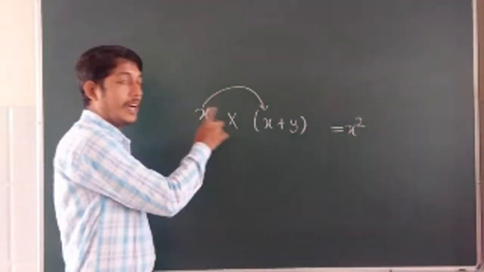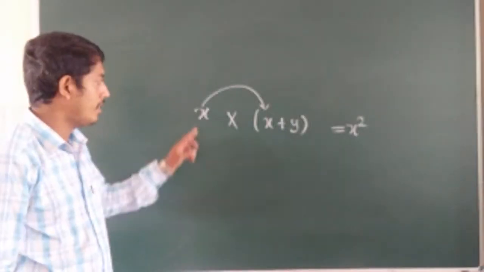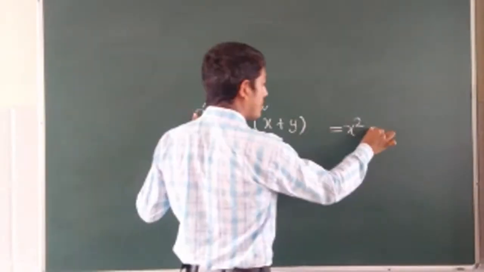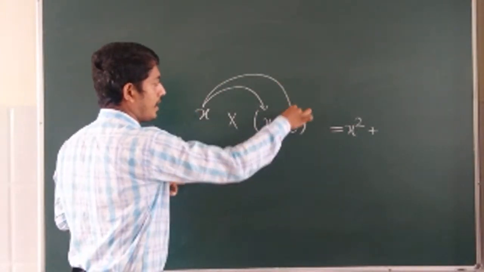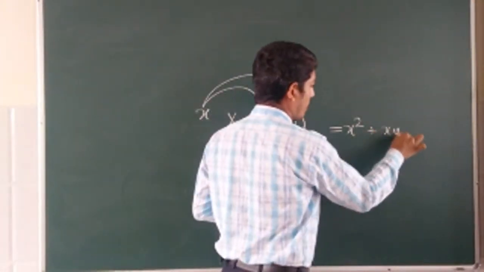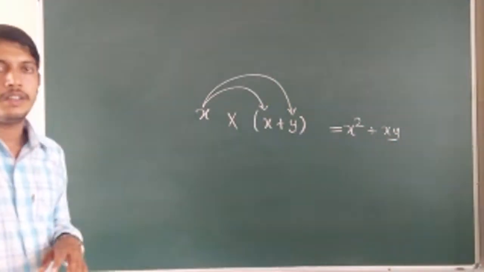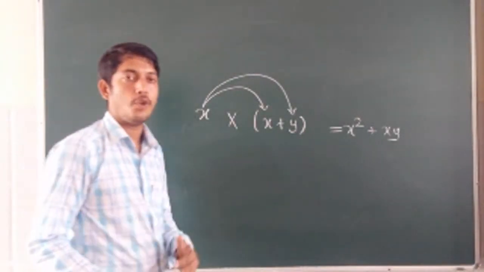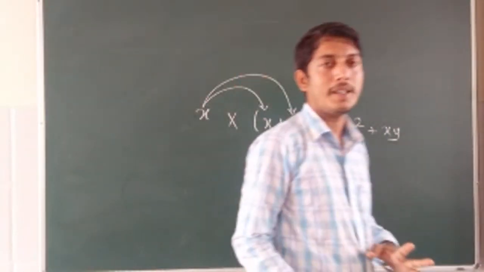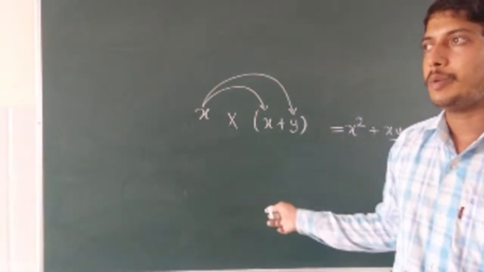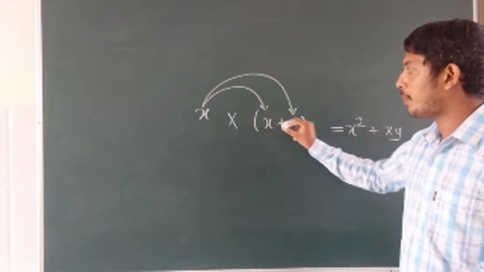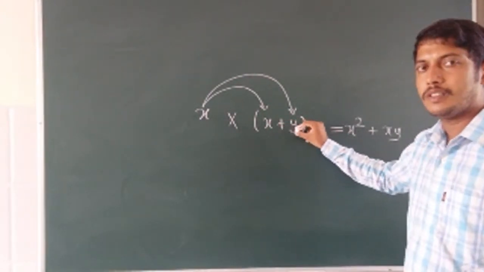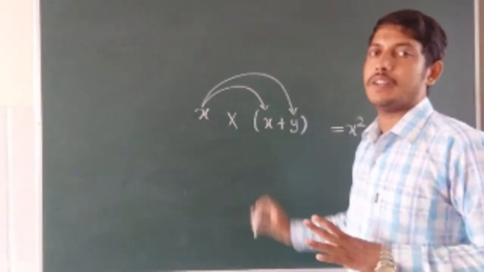Then again we multiply the sign, plus into plus is plus. x into y is xy. So in multiplication of monomial and binomial, you have to multiply the monomial to each term of the binomial. These are the two terms of the binomial, and we multiply these two terms by the monomial, along with the sign we have to consider.